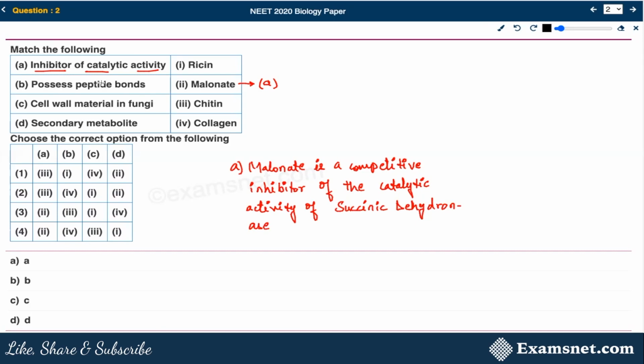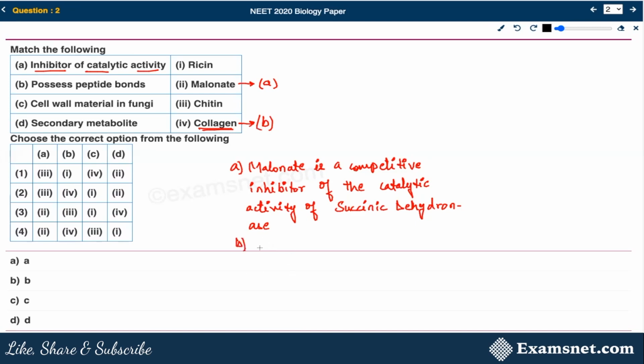And the second option says that it possesses peptide bonds. So peptide bond is actually being possessed by collagen, you can say. All right. So out of all the three options that have been left out, peptide bonds are being possessed by this collagen. So collagen is actually proteinaceous in nature, you can say. It's a kind of complex polymer which is proteinaceous in nature, and that possesses peptide bond.